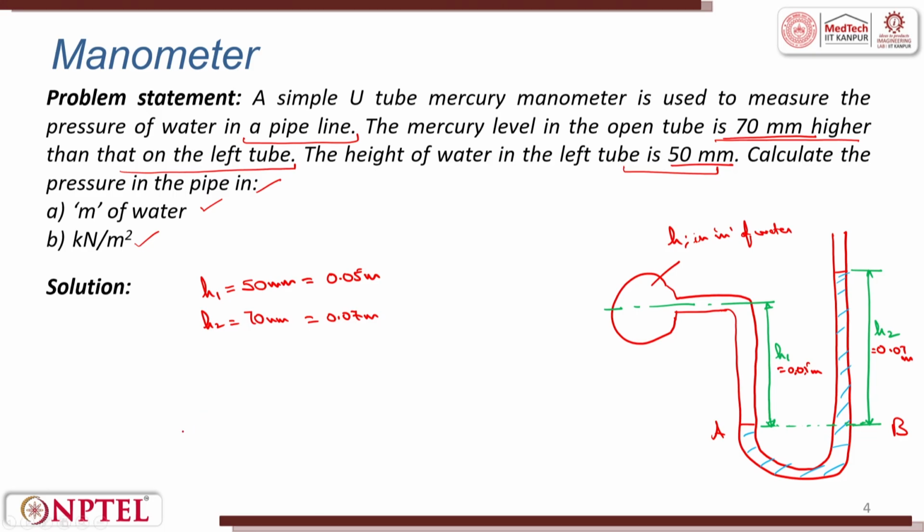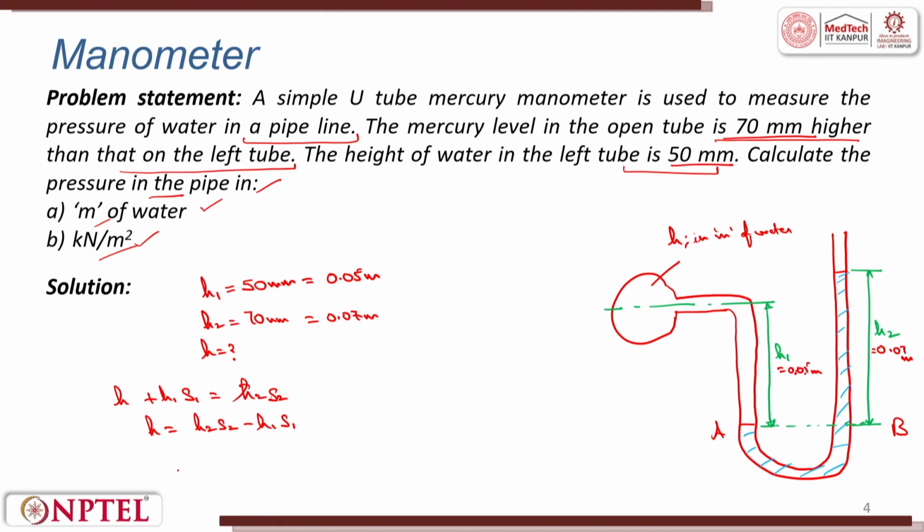Now, we need to find the pressure in the pipe in meters of water and in kilonewtons per meter square. To find the pressure, that is H, pressure of water, H is to be determined. As we know, H plus H1 S1 is equal to H2 S2, right. I can put here as H is equal to H2 S2 minus H1 S1, right.